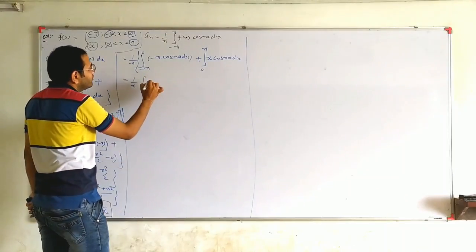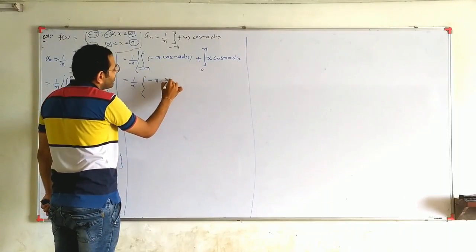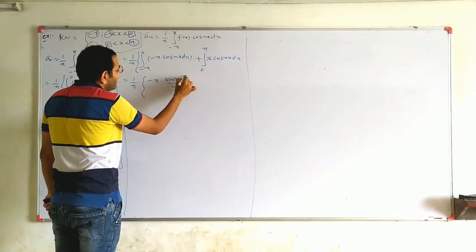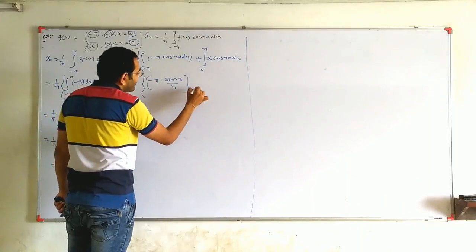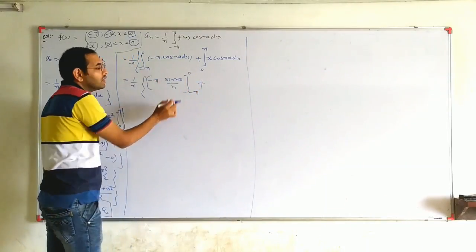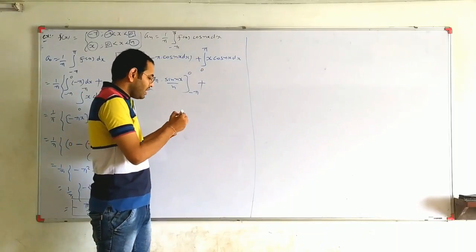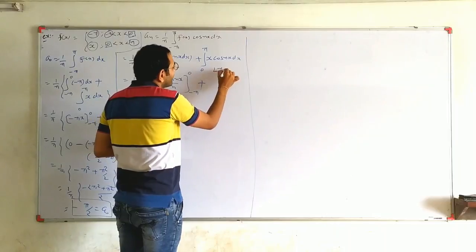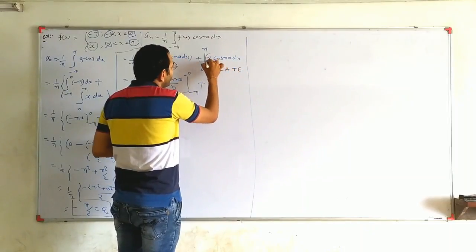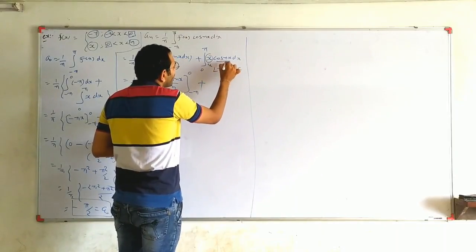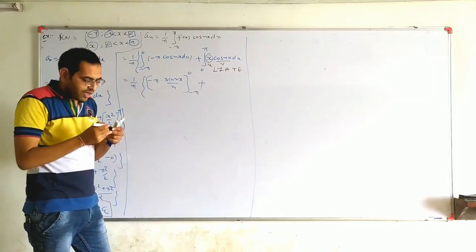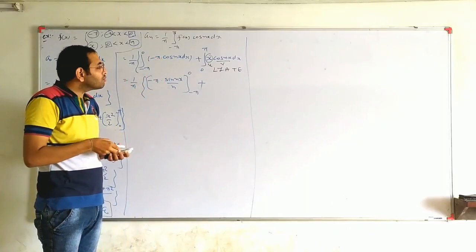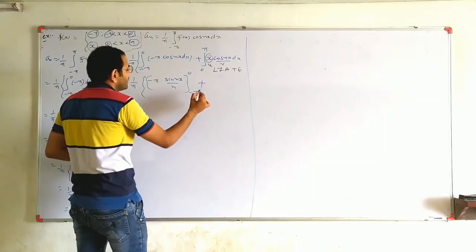The integral of the first term is minus pi, integral of cos nx, sin nx upon n, from minus pi to 0. Then for the second term we apply the ILATE rule: x is indicated by u, cos is indicated by v, and we apply Bernoulli's formula.